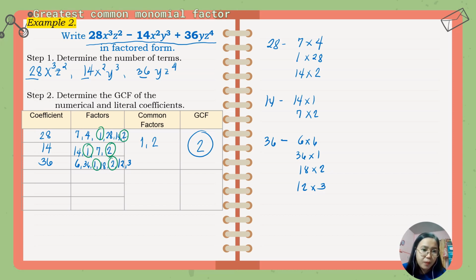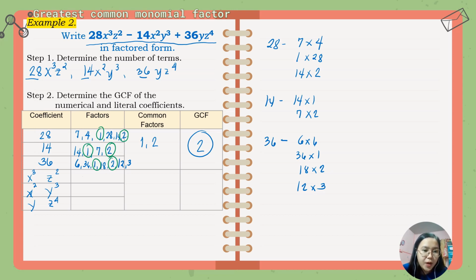Next. In terms sa letters, meron tayong x cube, x cube, x squared, tapos y cube, x cube, z squared. Ito naman, x squared, y cube, y, z, 4.